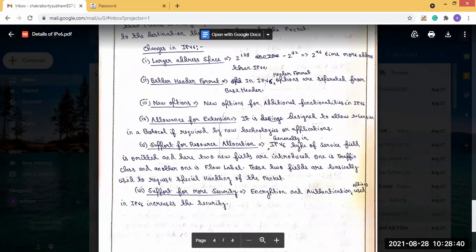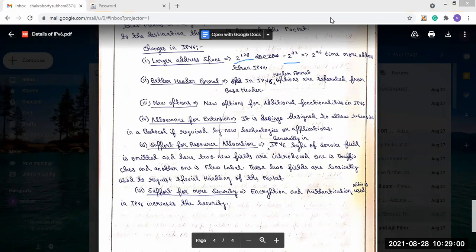Now the last thing in IPv6 is the changes that were made. First, as already discussed, the larger address space. Previously it was 2 to the power 32; now in IPv6 it becomes 2 to the power 128.